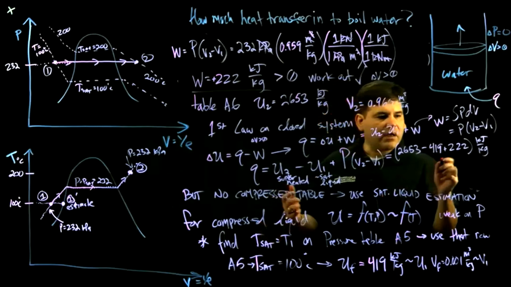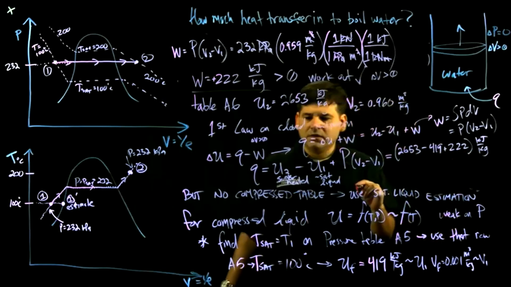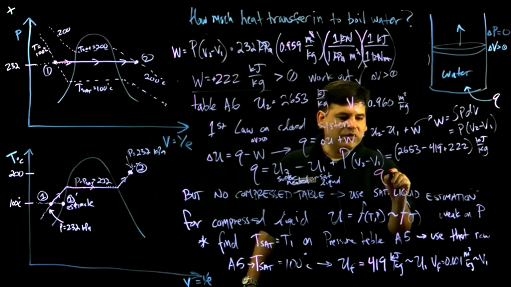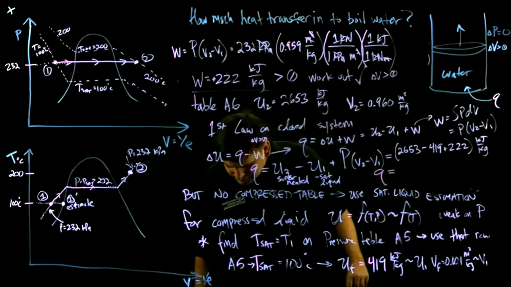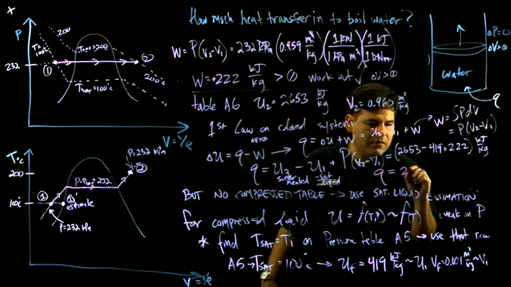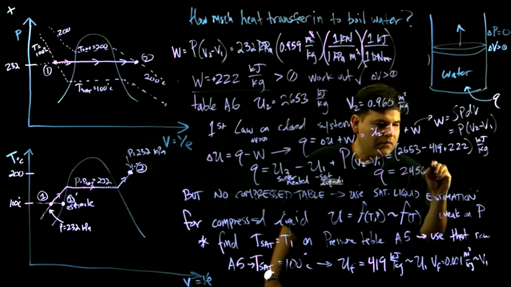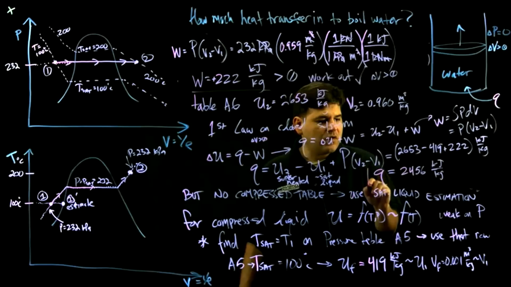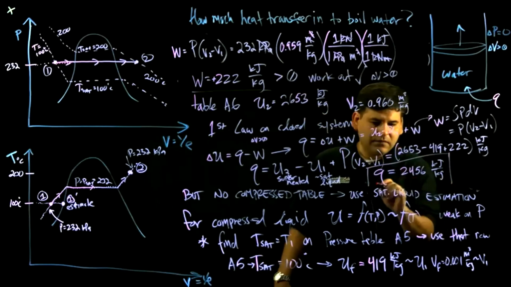Then we do the algebra, and we should get that Q equals 24. So all this for this, that's good.